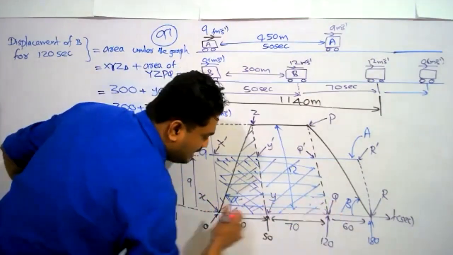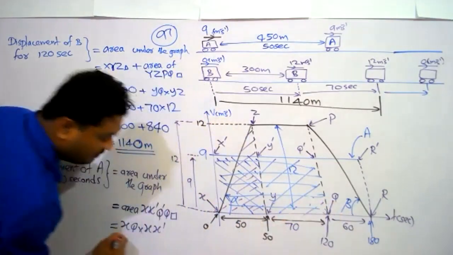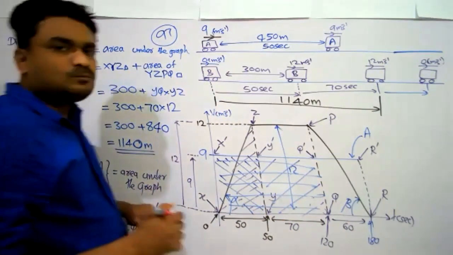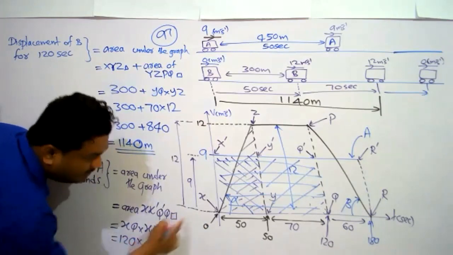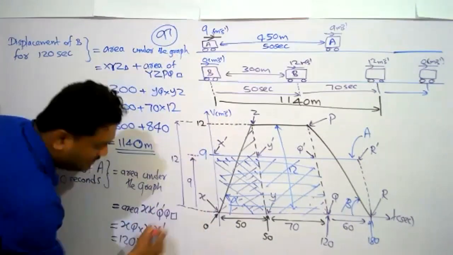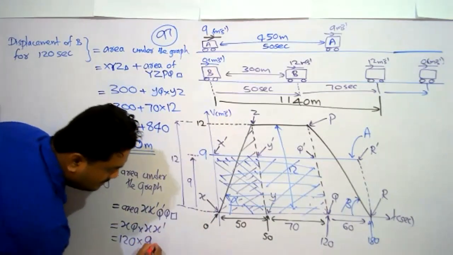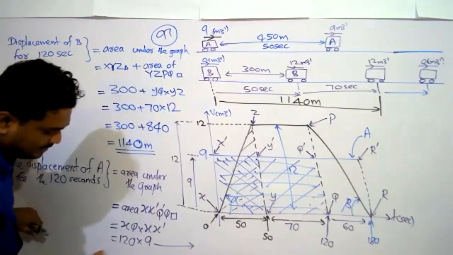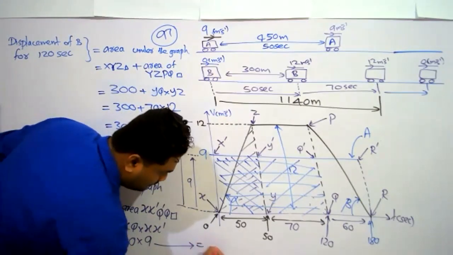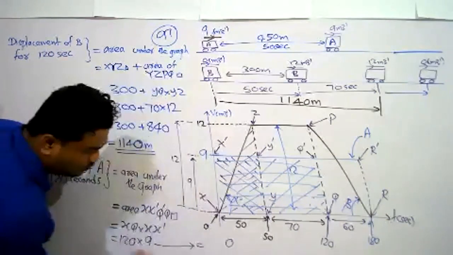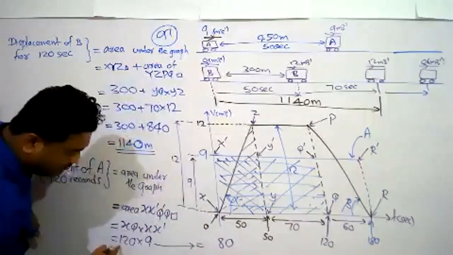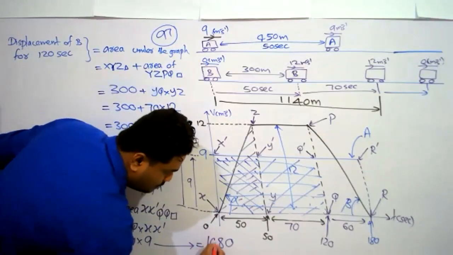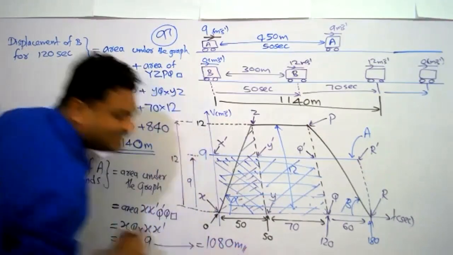So x cube is 50 plus 70, 120. X dash is 9. You have to multiply this. 9 times 0, 0. 9 times 2, 18, 1 remaining. 9 times 1, 9 plus 1, 10. 1080.